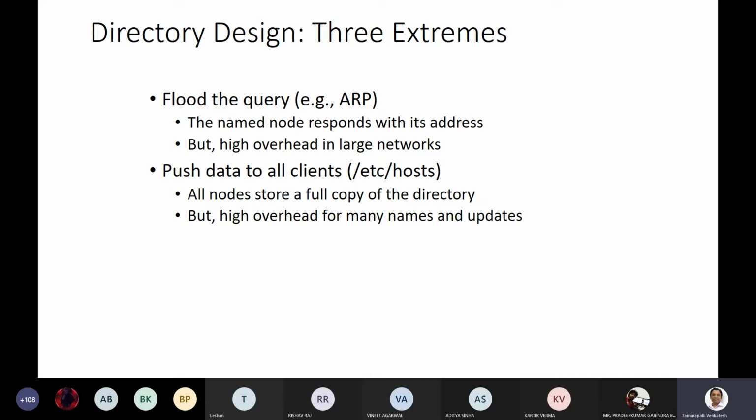So what you do is simply that you flood this query that, okay, who has this particular IP address, or which interface is assigned this particular IP address, and you broadcast this query in the entire local area network.